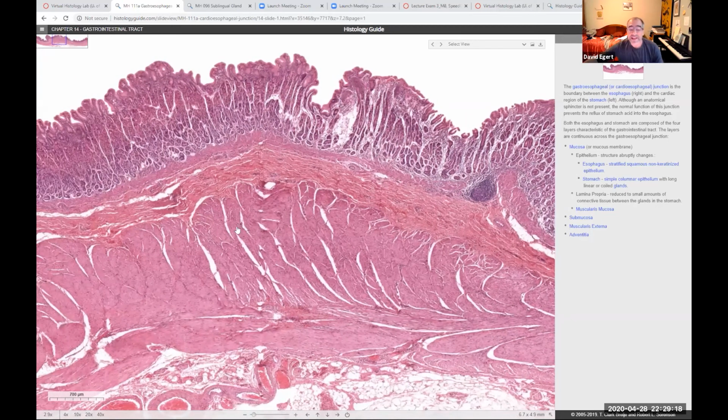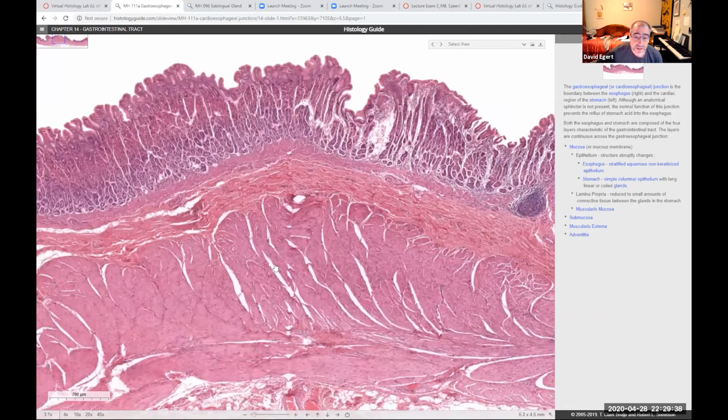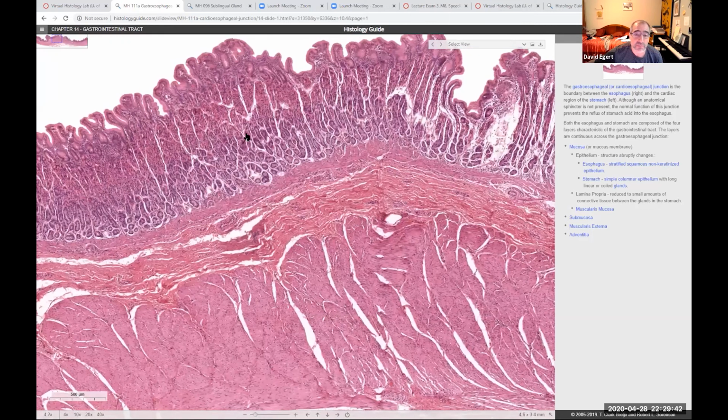The stomach has, yeah, don't worry about it now. The stomach has a special third layer in its muscularis externa. It actually has an oblique layer, which we'll talk about later. So for right now, don't worry about the muscularis externa looking like it might be a little different than the others. But basically, it's the same basic idea here. Mucosa, but really convoluted because you got all those pits and gastric glands.